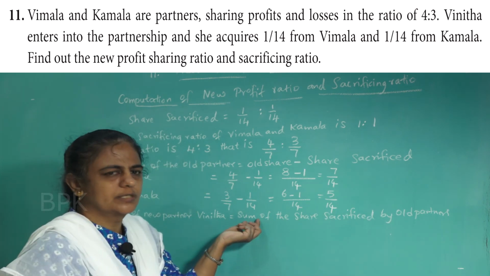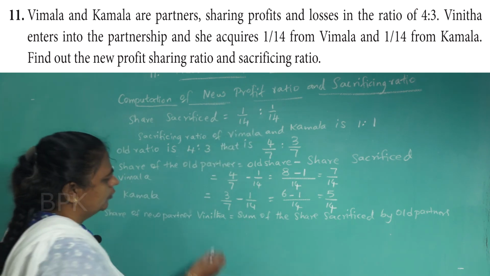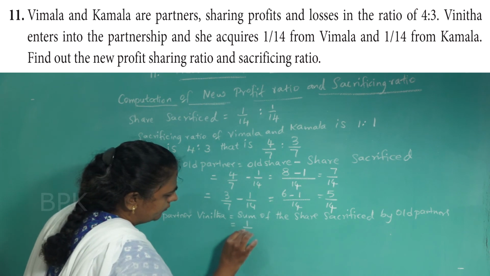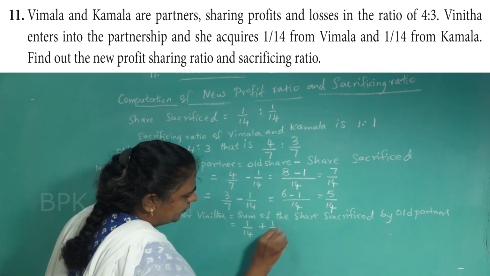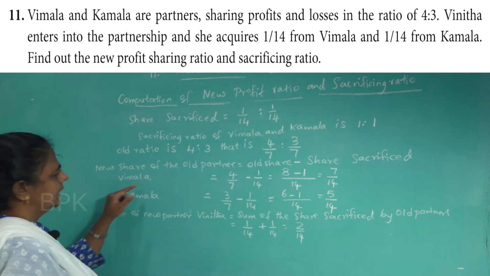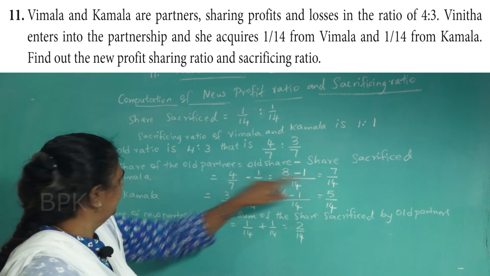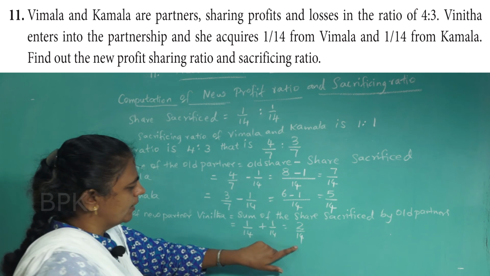Sum means total. How much are they sacrificing? 1 by 14, 1 by 14. So you add both, you will get 2 by 14. So the new profit sharing ratio of Vimala is 7 by 14, Kamala is 5 by 14 and Vinita is 2 by 14.